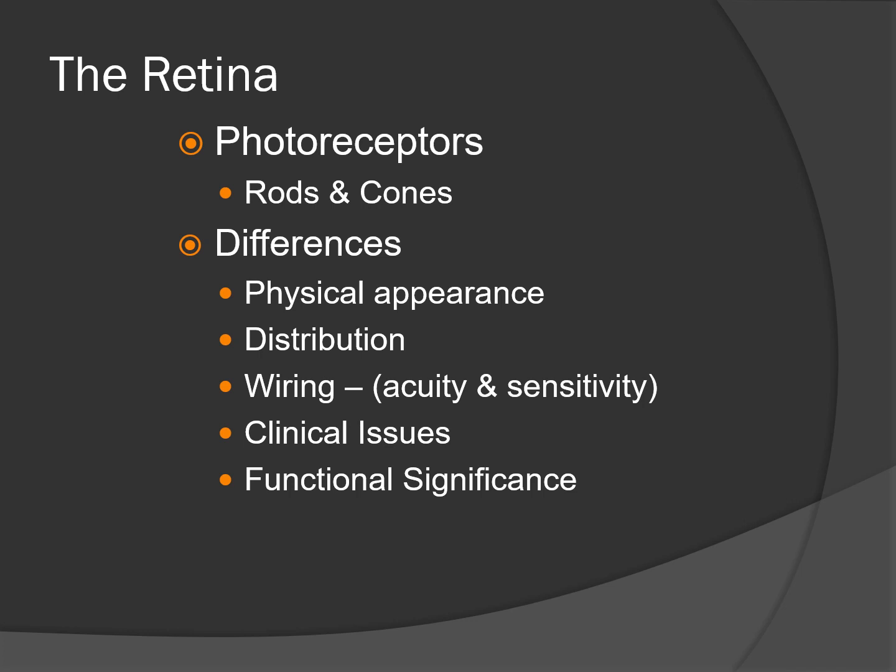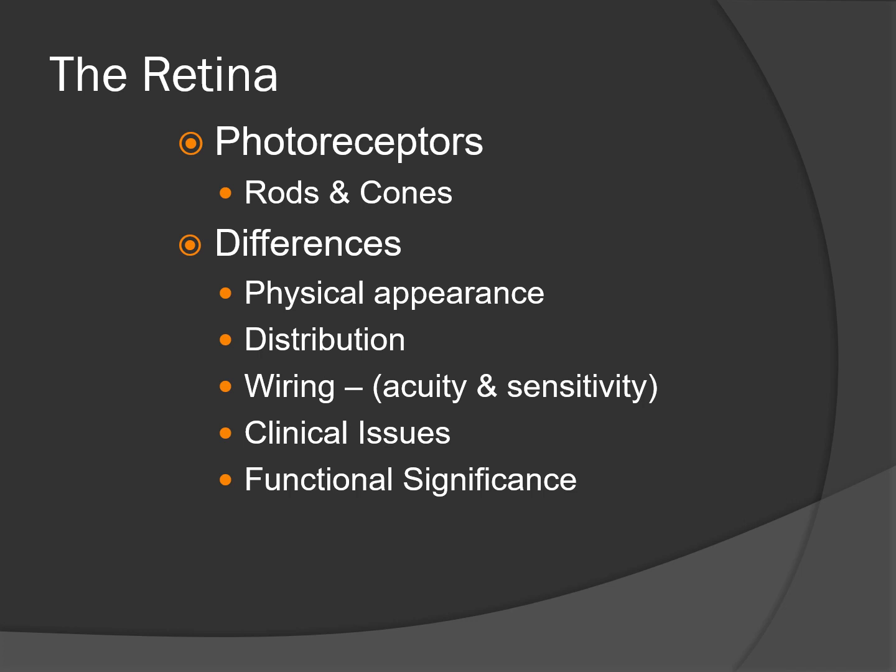Those differences include a difference in physical appearance and a difference in the distribution across the retina. As we've talked about the fovea a few times, where we're pointing our eyes, it is tightly packed with cones, giving us that really good acute information. The wiring to the brain, those circuits that we looked at, gives us differences in acuity versus sensitivity to dim light.